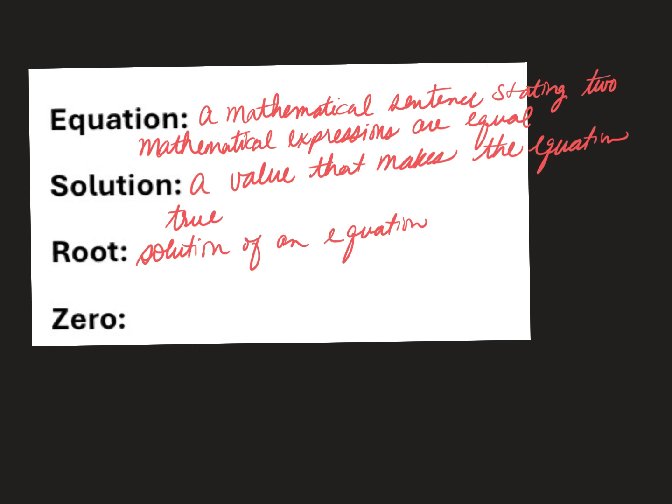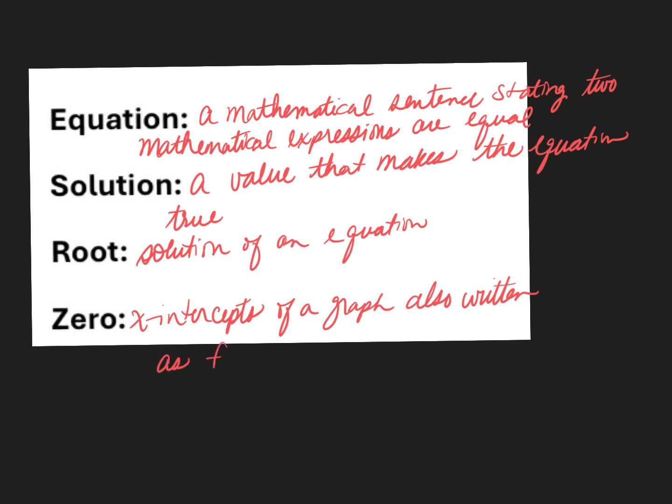And zeros are the x-intercepts of a graph, also written as f of x equals 0 or y equals 0.